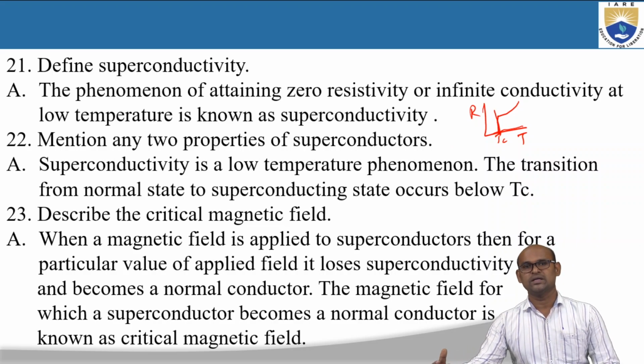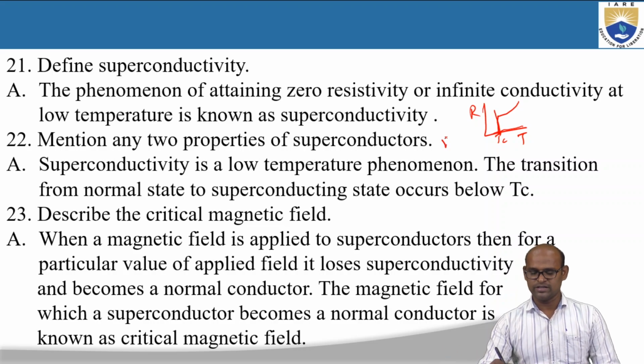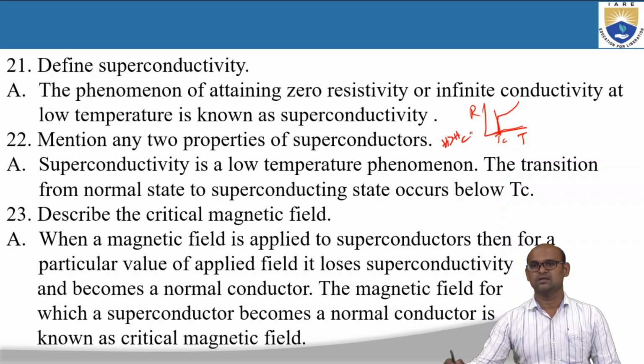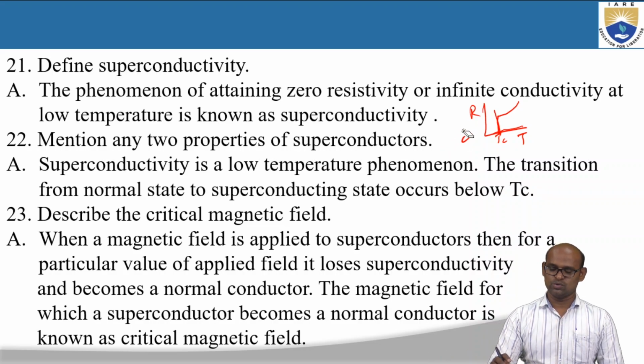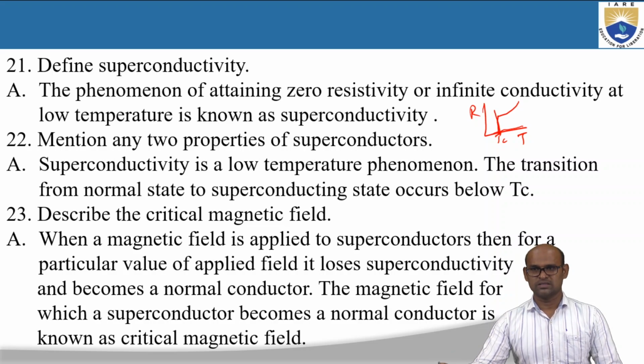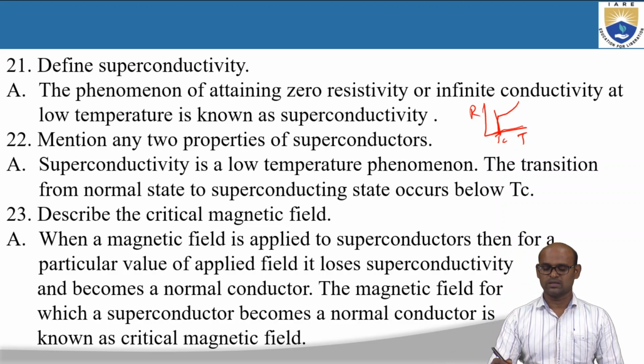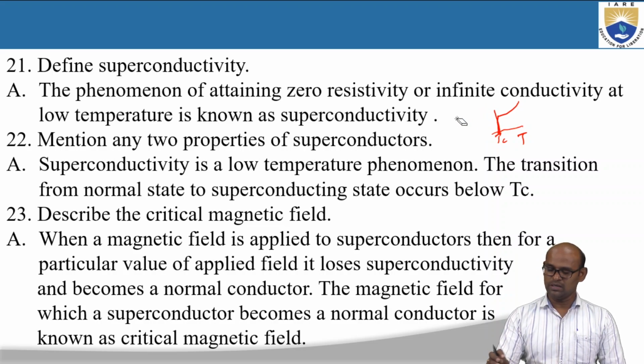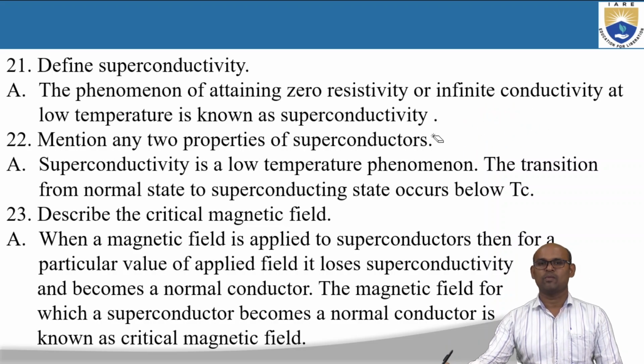Similarly, when you apply a magnetic field H greater than a certain field Hc, the superconducting state will be destroyed and the material will go to the normal state. So critical temperature and critical magnetic field are two properties of superconductors. Zero electrical resistance is another property of superconductors. So these are some of the properties.